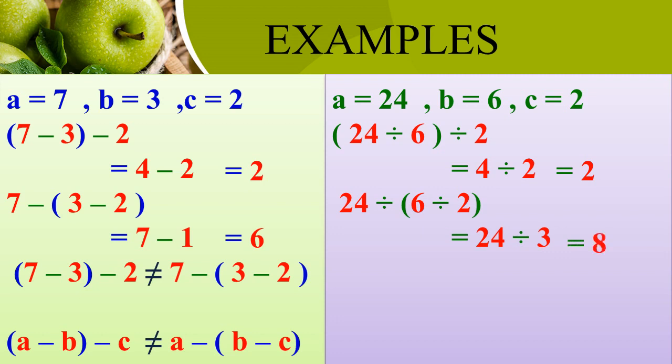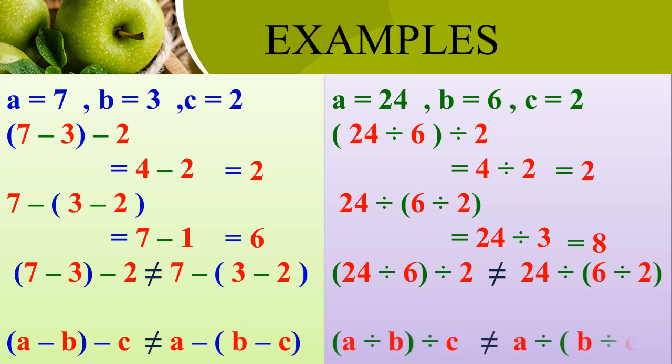Here, both answers are not same. Therefore, (24 divided by 6) divided by 2 is not equal to 24 divided by (6 divided by 2). That is, (A divided by B) divided by C is not equal to A divided by (B divided by C).